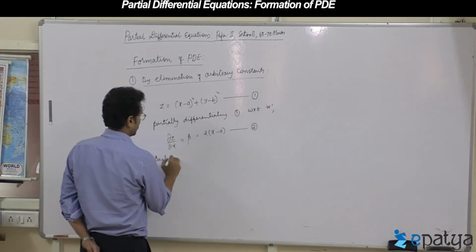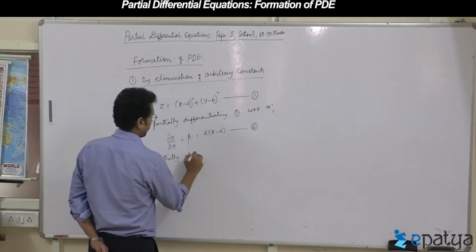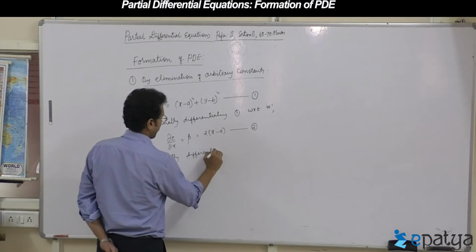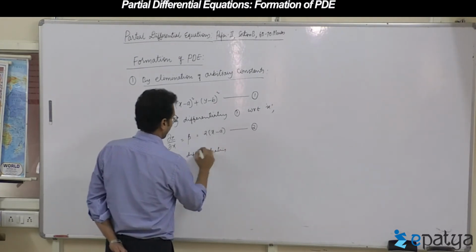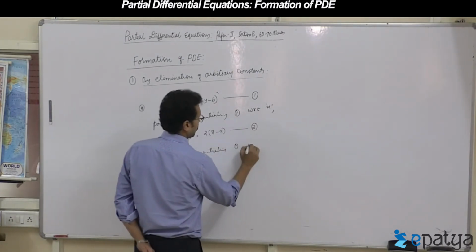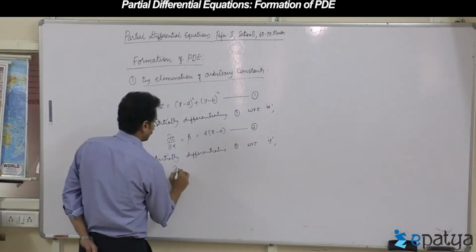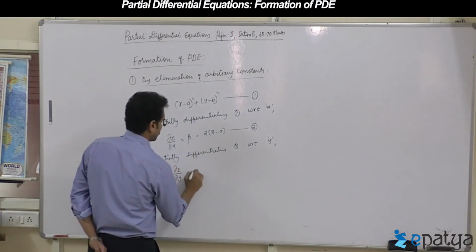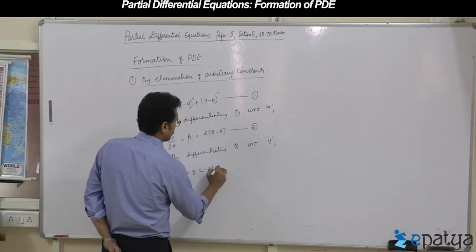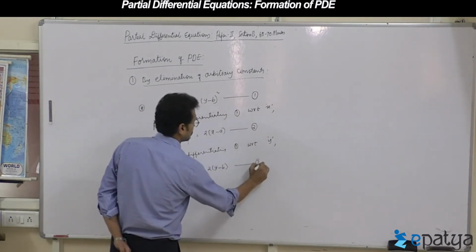Partially differentiating 1 with respect to y, we get dou z by dou y, which is equal to q, is 2 times (y minus b), equation number 3.